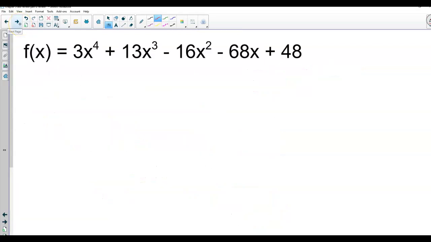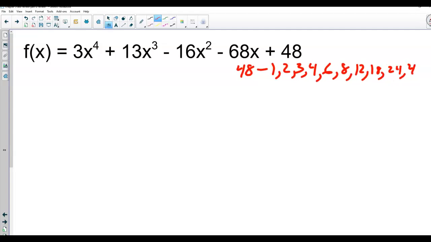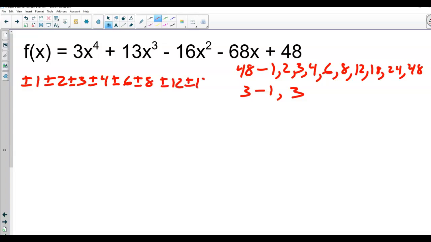Okay. Possible solutions here. 48. 1, 2, 3, 4, 6, 8, 12, 18, 24, and 48. My factors of 3, 1 and 3. So my possible solutions. 1, 2, 3, 4, 6, 8, 12, 18, 24, 48.